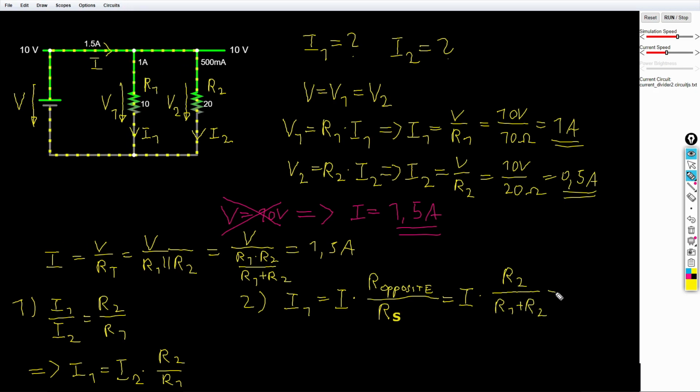In our case, this equals I times R2 over R1 plus R2. Additionally, note the difference in indices because for the voltage divider we had the same indices in the numerator. For I2 we could do a similar calculation just with different indices.